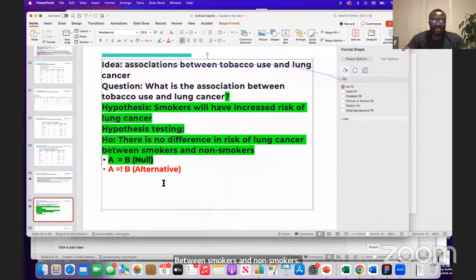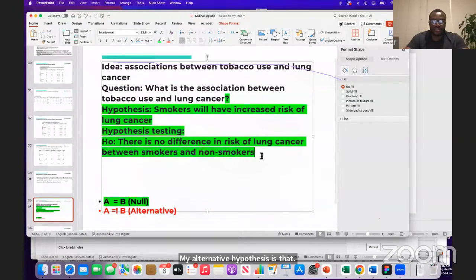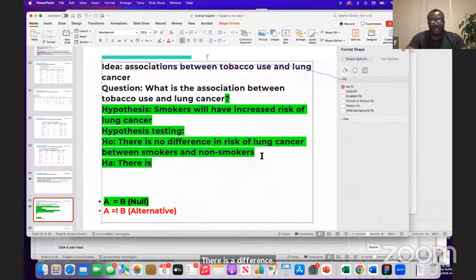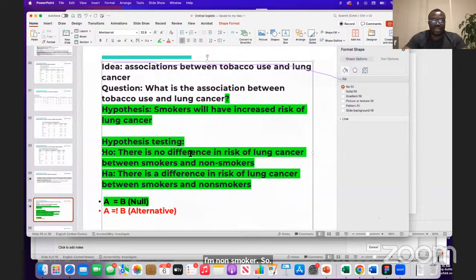My alternative hypothesis is that there is a difference. So the alternative is that there is a difference in risk of lung cancer between smokers and non-smokers. Take note that in hypothesis testing, the null is, in general, a declaration of no difference between the two groups.